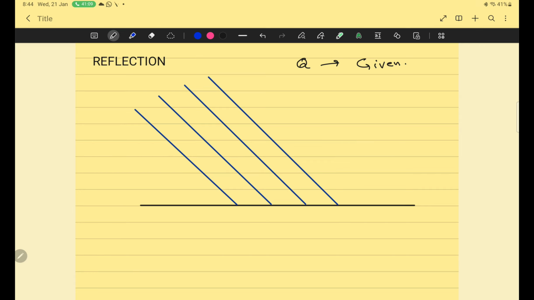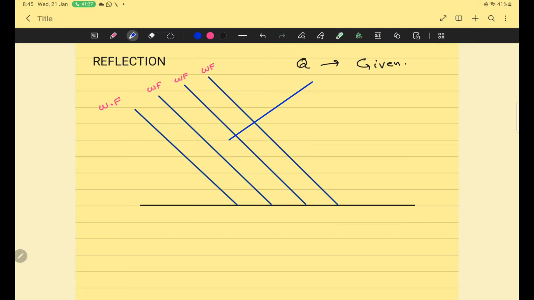All students, first draw this question in your notebook. First draw it, then I will explain to you. And remember, all these parallel lines are wavefronts. This is a wavefront, this is a wavefront, all these are wavefronts.